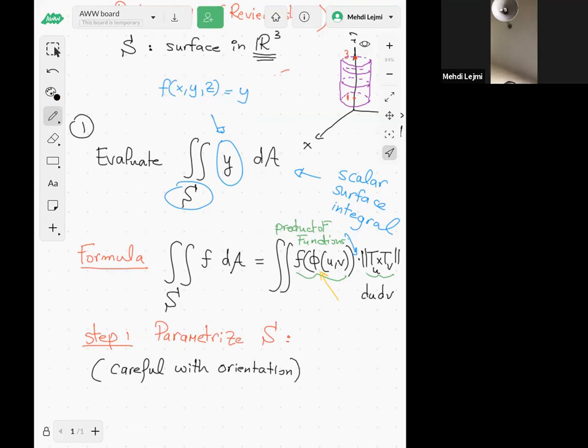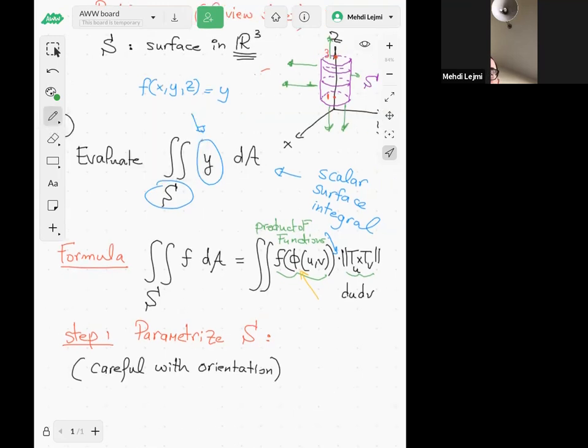We have to orient S with outward normals, right? Outward, so they are going out of the surface. In this case, that would be these normals here. Again, the problem says orient S with outward normals.